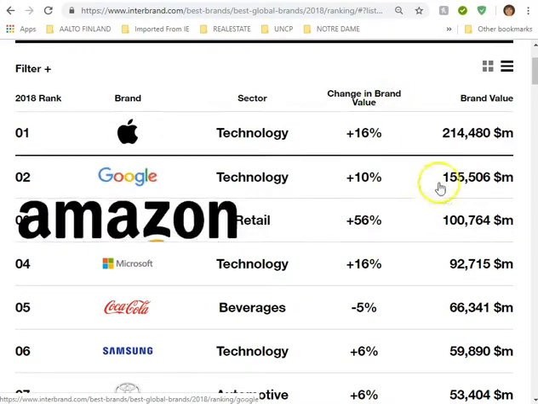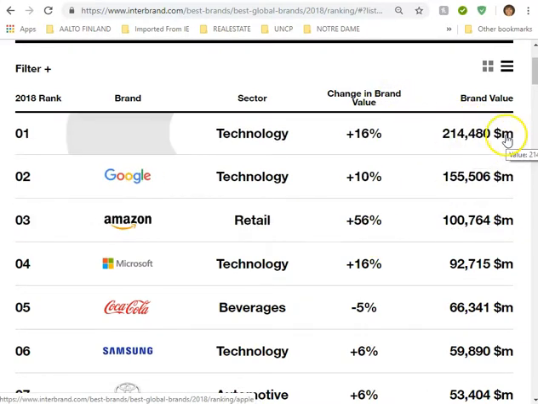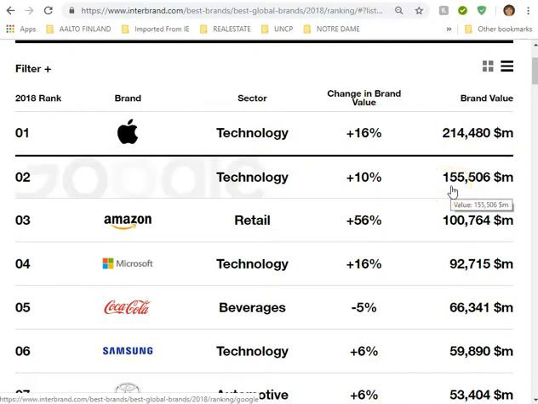Now, how do we get these valuations? And by the way, these are in millions of dollars, so that means if you were to sell the Apple brand, it would be worth $214 billion. Google would be worth $155 billion.